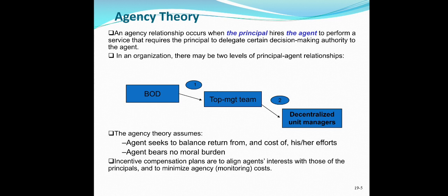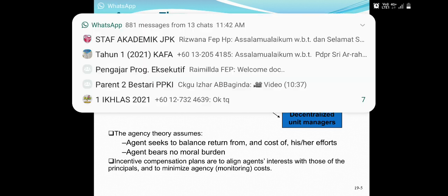In a modern business organization, there may be two levels of principal-agent relationship. The first level is the board of directors and the top management team.